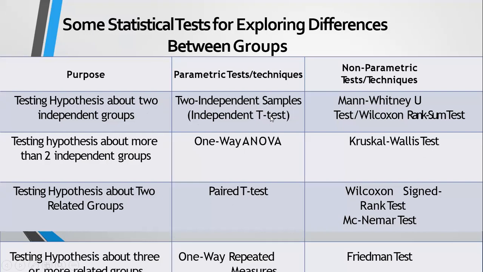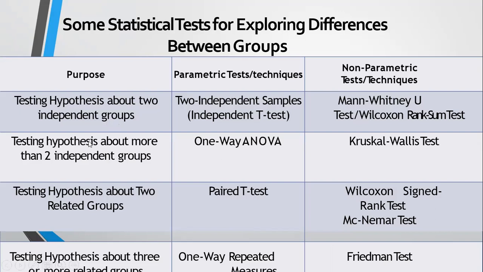That is for the parametric. However, if it does not assume normality and other assumptions, then we'll go to the non-parametric counterpart, in which the most common is the Mann-Whitney U test.